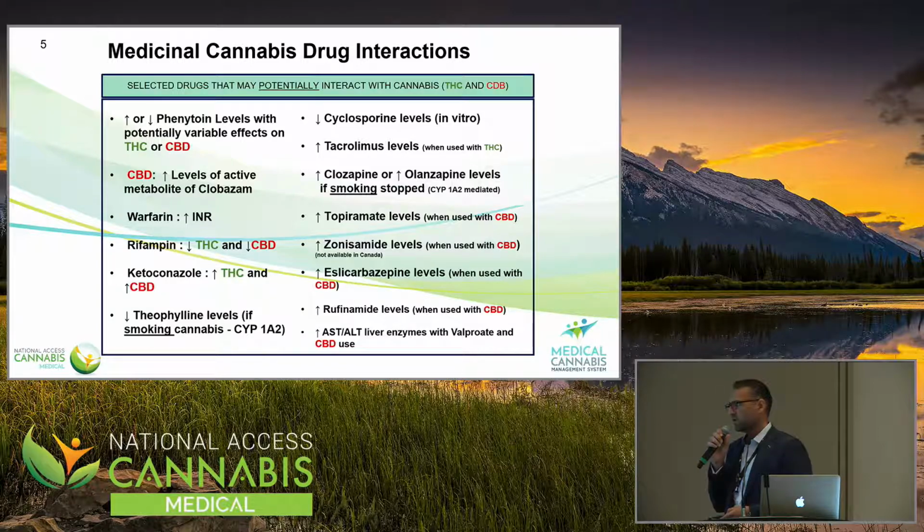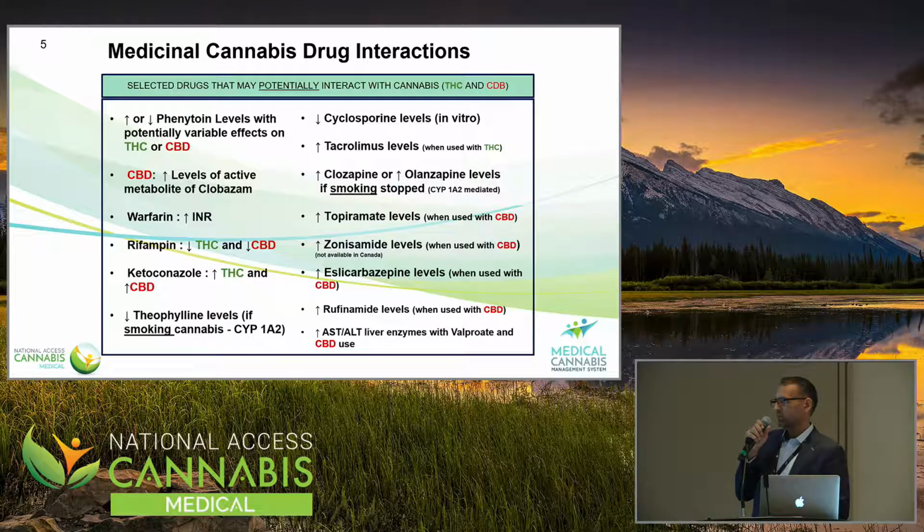These other two, I don't really see these very commonly, but rufinamide is also an anticonvulsant. Possibility for increased levels there. And there's one more here, where is it? Right, the leflunomide levels increase when used possibly with CBD.